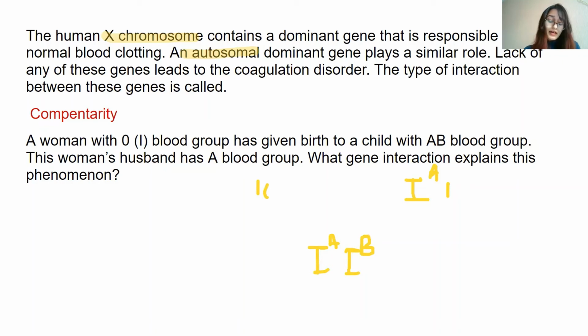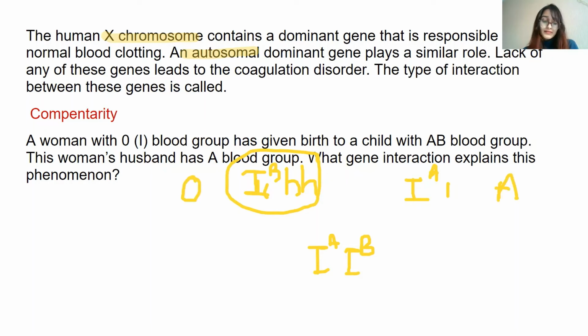So it can be that the woman is having IB, but due to presence of recessive h, that is recessive epistasis, the expression of B was masked, and hence the blood group was O. Father's blood group was A. But suppose the father has a capital H and the child has inherited capital H and small h from the mother, so it cannot now mask the expression of the dominant genes, and the child now has AB blood group. So there's a possibility if you consider Bombay phenotype.